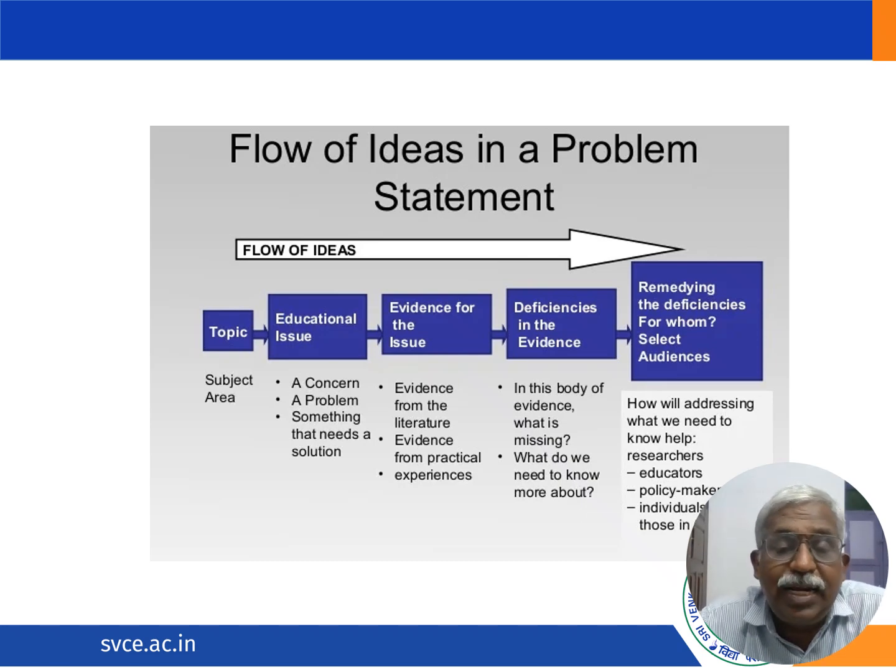We are selecting one particular area: we are going to identify the hunger index. How will you define the problem statement here? The topic is hunger index, the major subject area. The educational issues: how to measure the index, which level of people we need to consider, the definition of nutritious food.